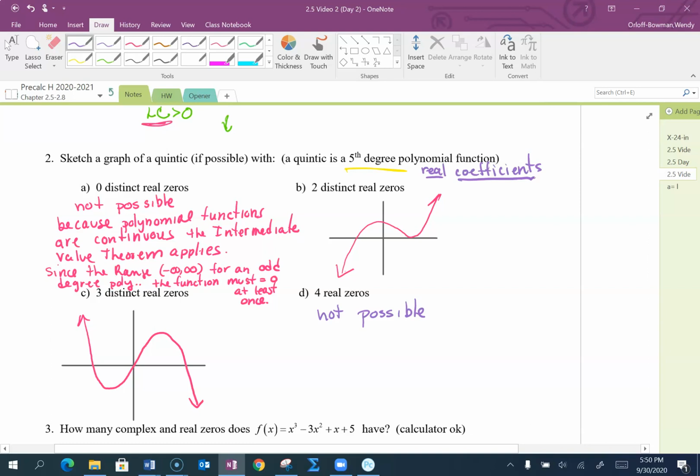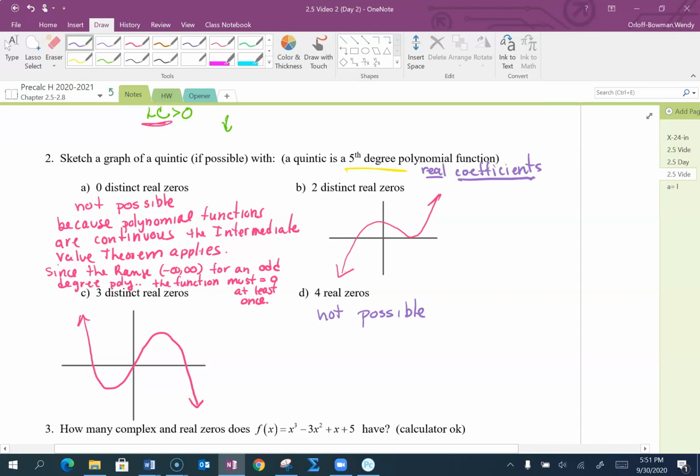And you guys had that in a prior video, I want to say 2.3, about the intermediate value theorem: if a function's continuous, all the values between, let's say, a and b, the outputs will also be hit. And since the range goes from -infinity to infinity for an odd degree polynomial function, then the function must equal 0 at least once. So there must be at least one real zero, one x-intercept.